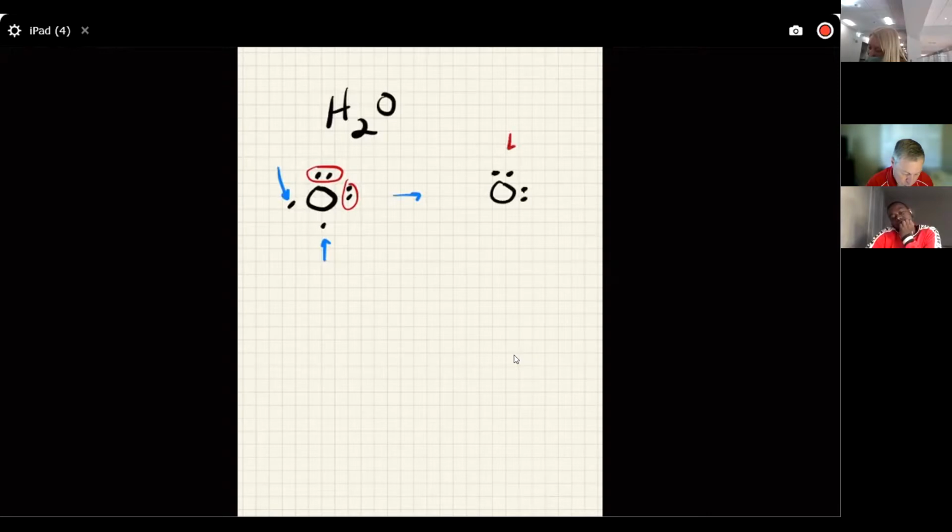Now, let's go ahead and draw our bonds to hydrogen. Need a little thicker. And there's the structure for water, H2O. I don't know why that's not showing. Oh, there it is. A little slight delay there.